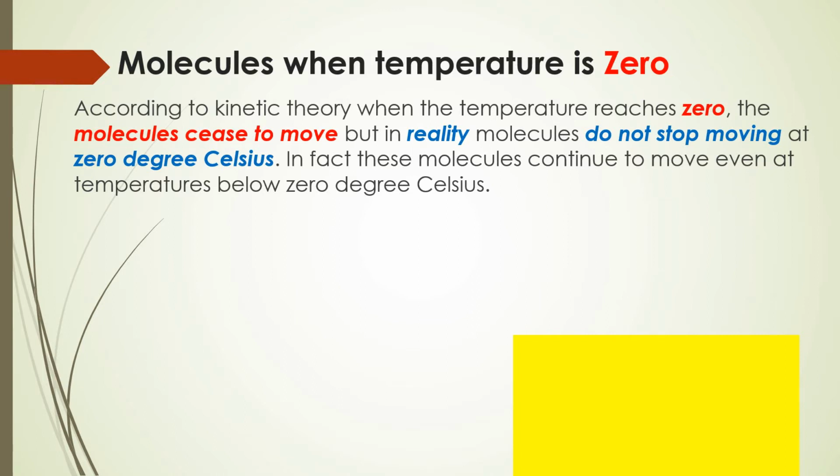But in reality, these particles do not stop moving at 0 degrees Celsius. They continue to move. In fact, these molecules continue to move even at temperatures below 0 degrees Celsius. Therefore, the theoretical concept of molecules stopping at 0 degrees Celsius does not apply in reality.